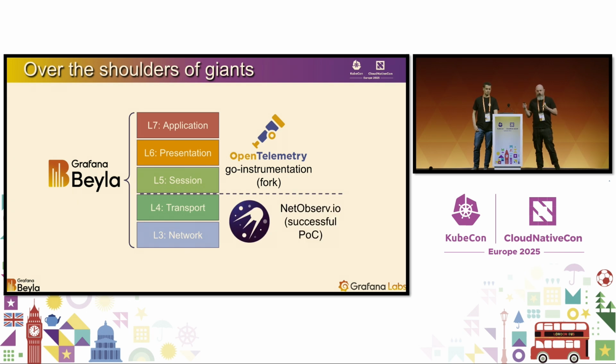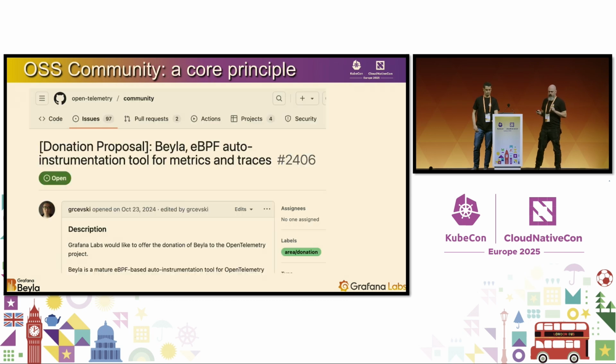For the network part, we did a successful proof of concept after a hackathon, taking inspiration from a project called NetObserv.io. Basically, Beyla is doing the combination of these two amazing projects.